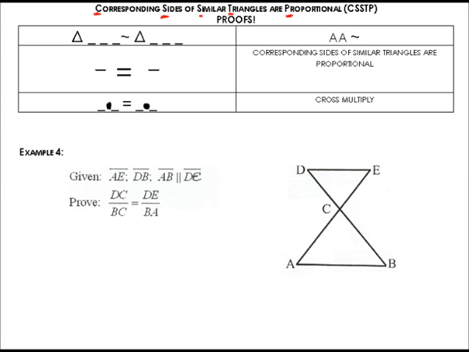So the sides of similar triangles can be written in proportion to each other. Sides are not congruent like they are with CPCTC. Sides are proportional. Triangles are similar, sides are proportional.